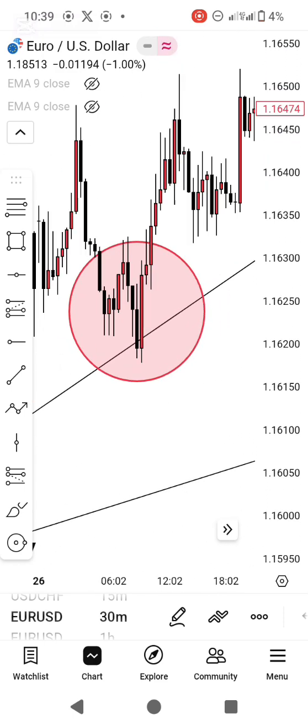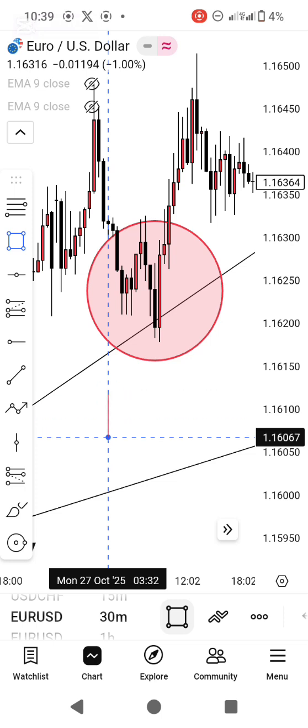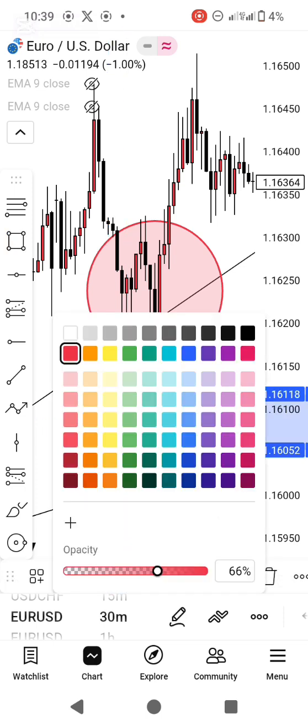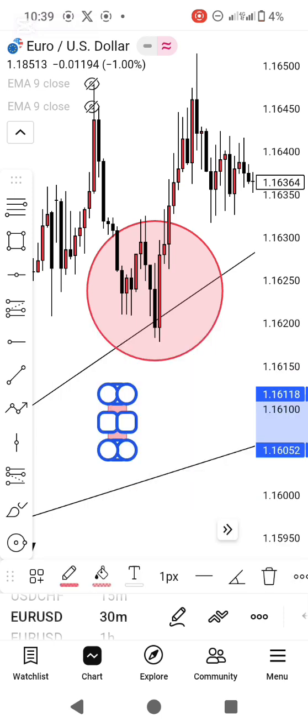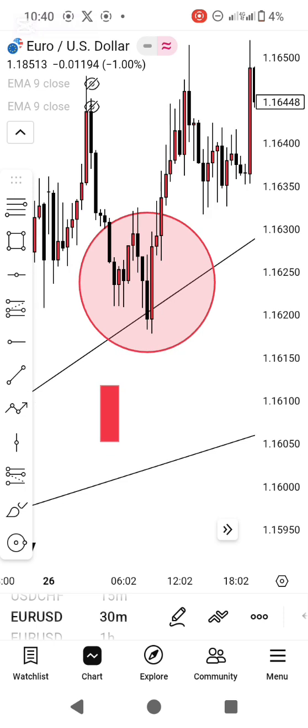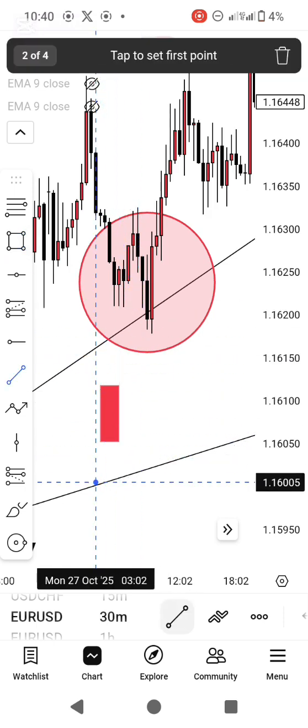An engulfing bar pattern is simply, let's say if you want to buy, you want to see a bearish candle being closed above by a bullish candle. So this is a bearish candle, and let's say it comes into your trend line.